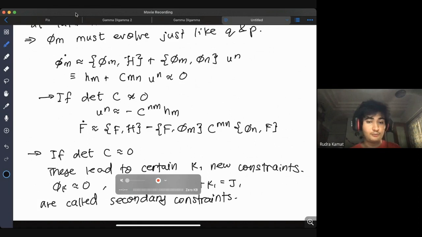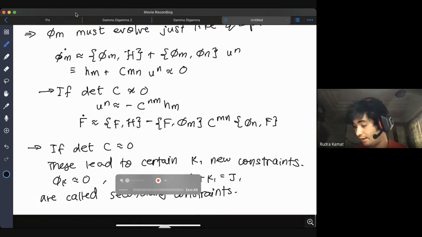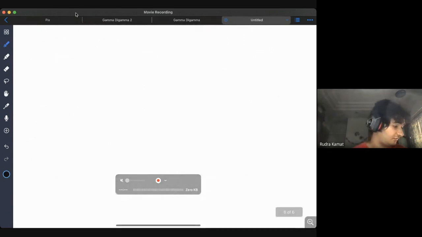Primary constraints came about from the Hessian itself. The secondaries are coming from the consistency, which means that we want the time evolution to remain on gamma sub p. That's consistency. We want that. That's why we have secondary constraints popping up.